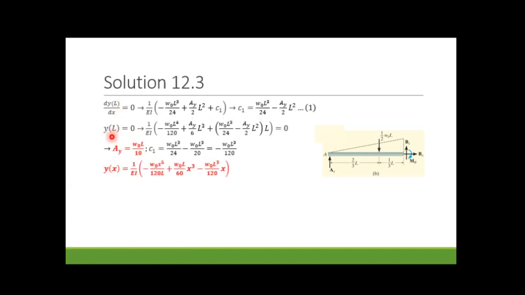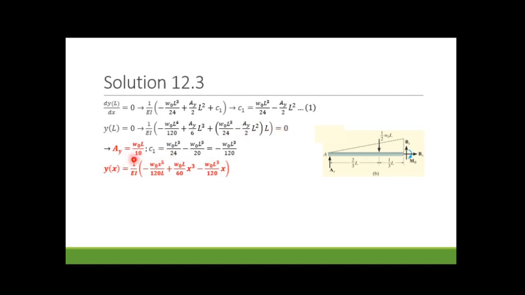and also we know the deflection is equal to 0 at point B. Therefore, I write L instead of x, and I equate it with 0. And then we have 2 functions here. Also, I want to write this term instead of C1. Okay. Now, only one term is remaining in this equation.